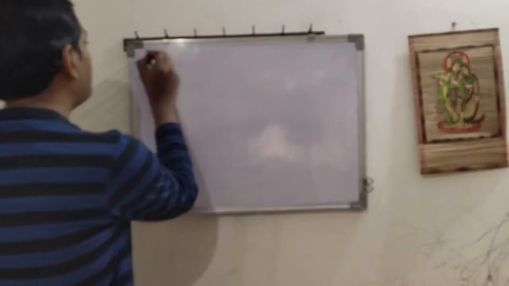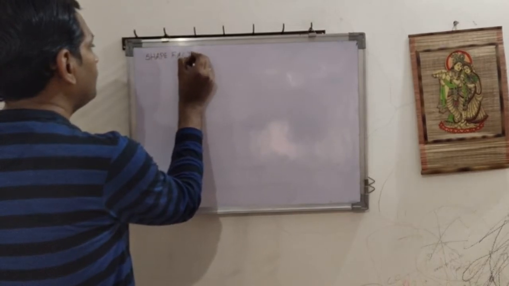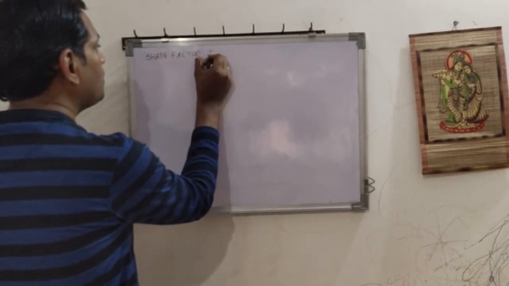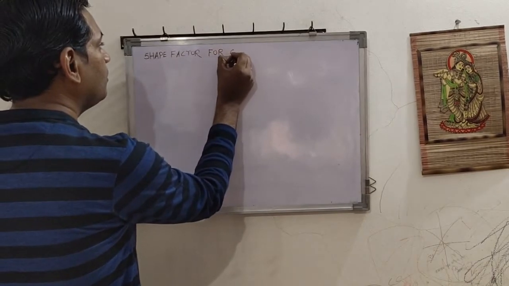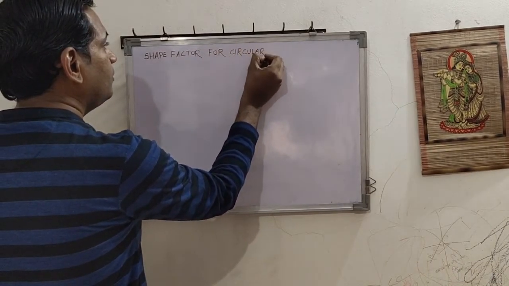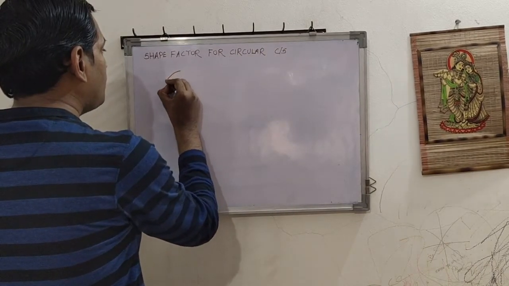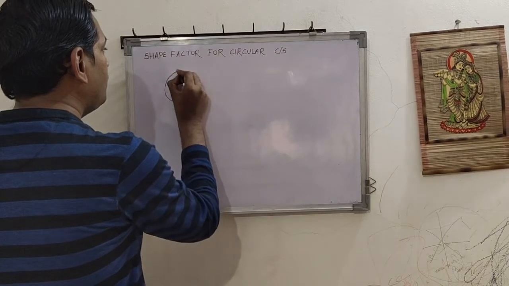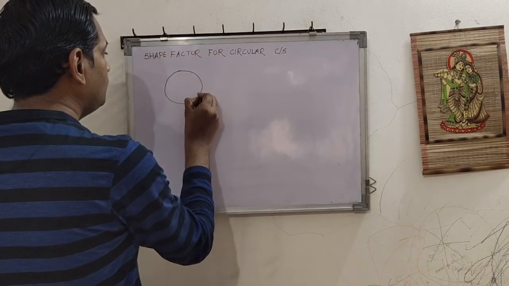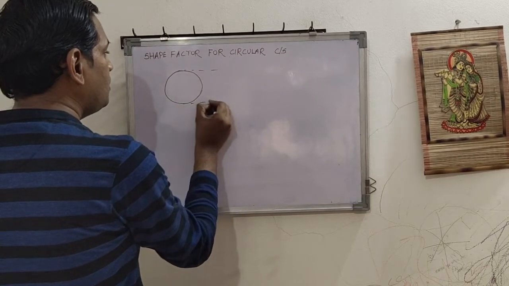So, shape factor for a circular cross section. Let us say we have a circle of diameter d. Here is the diameter of the section.